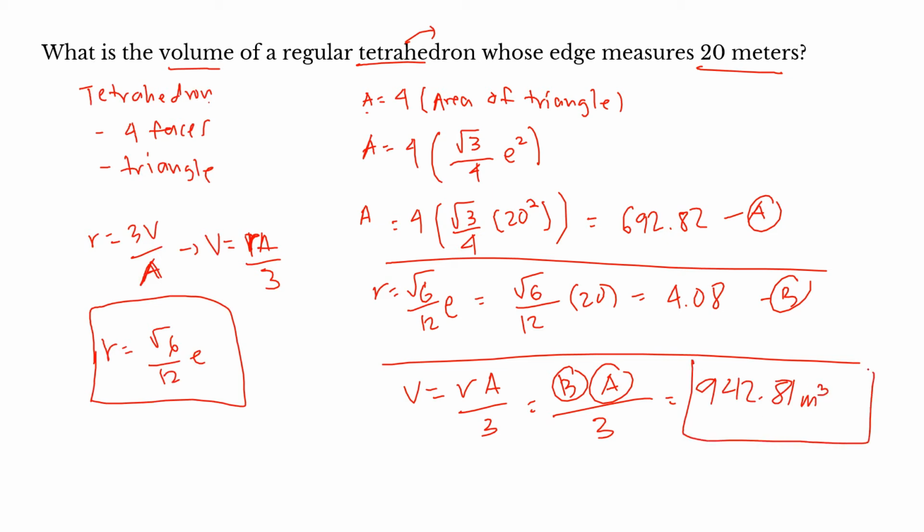And that is your volume for a regular tetrahedron whose edges measure 20 meters, and that's it. Nato lang ka simple class. As long as you know the formulas, it's more like direct substitution lang yun. I did it with a direct substitution, pero you get the point na.